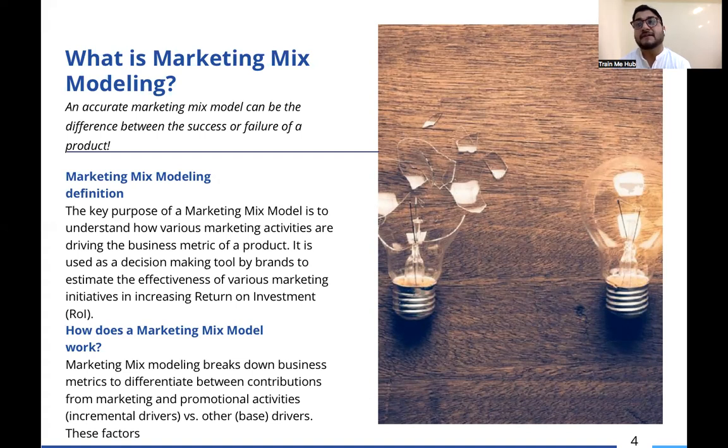When you say effort, you're making the investment towards the marketing platforms, and then you are checking how the different channels or platforms are behaving, how effective those marketing platforms are in driving your sales, your brand awareness, or your conversions. The media mix model is very important because it helps you understand which particular factors are driving sales for your business, or in other words, which factors are not driving sales for your business.